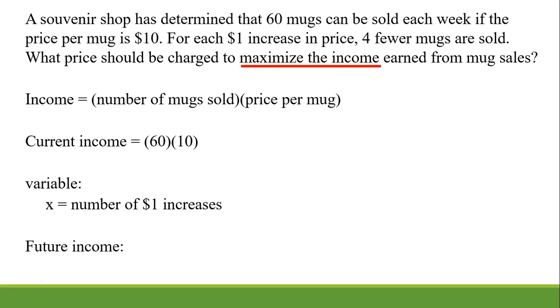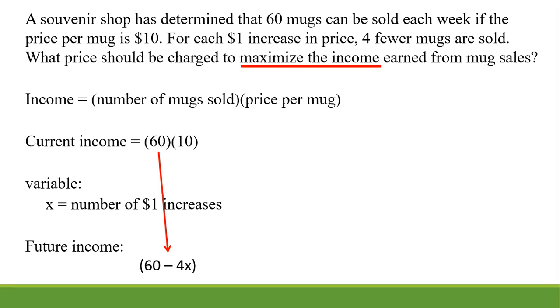Well, we're starting by selling 60 mugs, but every time we increase the price by $1, we're going to lose 4 mugs in sales. So we're going to have 60 minus 4 times x, where x represents the number of $1 increases.